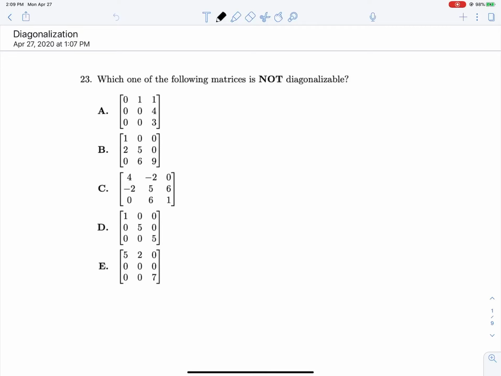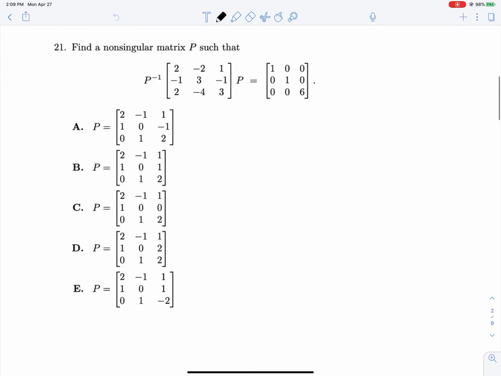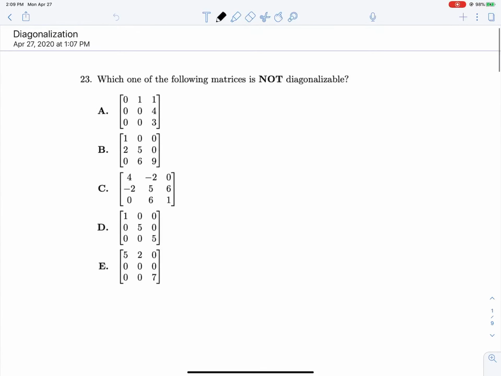In here we'll be dealing with both diagonalizing matrices and just determining whether or not matrices are diagonalizable. So let's figure some things out.